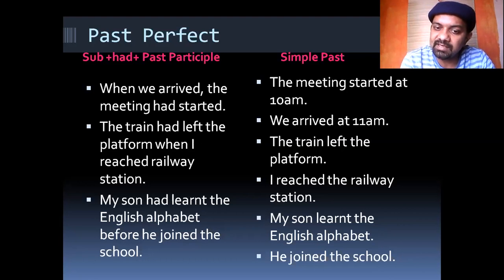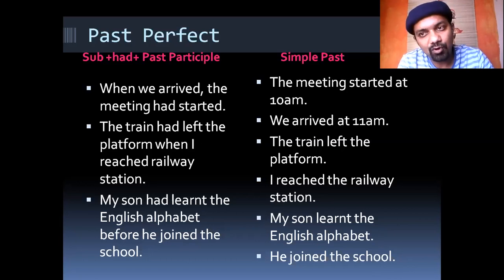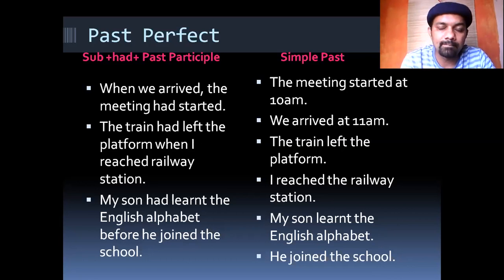The second incident, he joined the school. That means he had learnt before joining the school. So let us put it in past perfect. My son had learnt the English alphabet before he joined the school. So this is the difference between simple past and past perfect. This might make it clear to you.